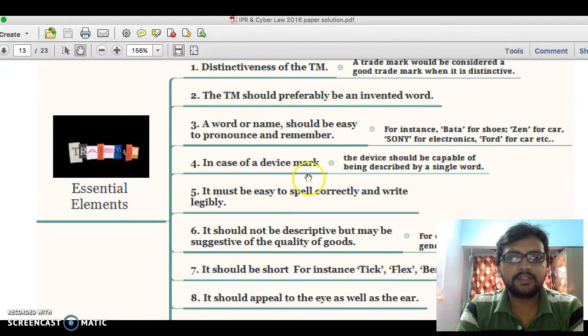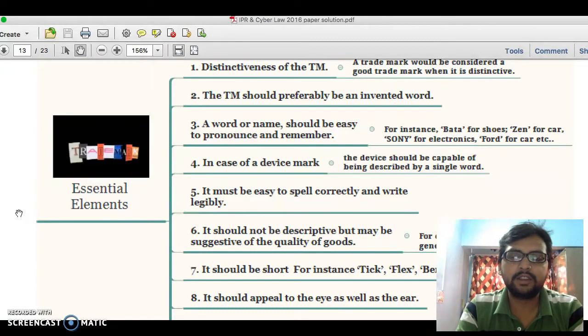In the same way, in the case of a device mark, suppose we have a trademark on our laptop, computer, smartphones, tablet. This device should be capable of being described by a single word. Some trademarks are descriptive, some are not. Let's suppose OLX, so it is quite descriptive. Or Ola cab, it is descriptive of what the mark states.